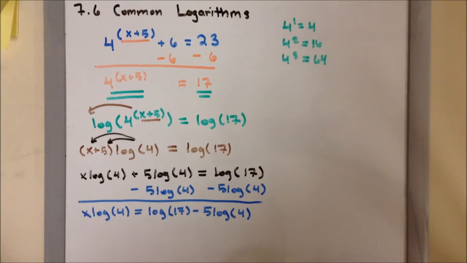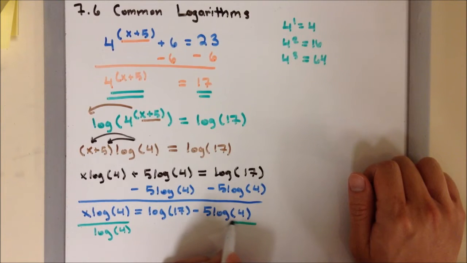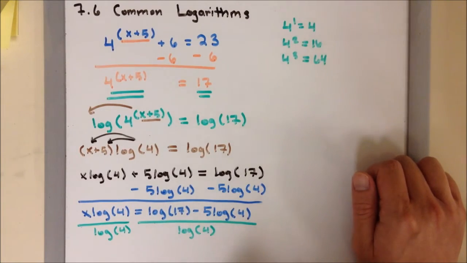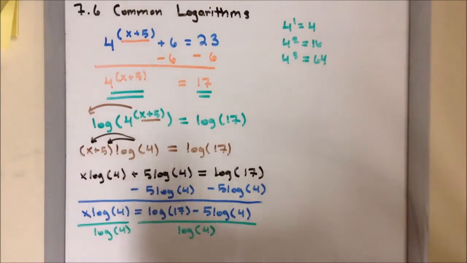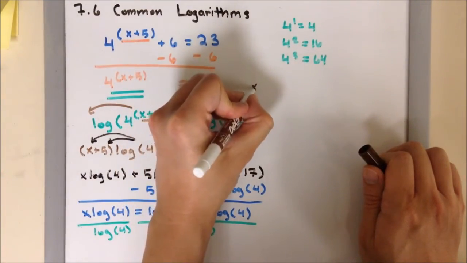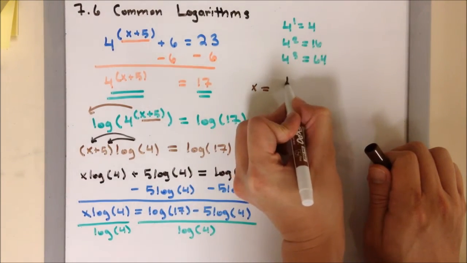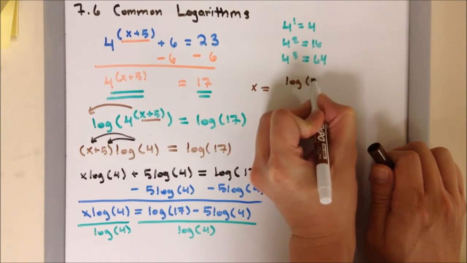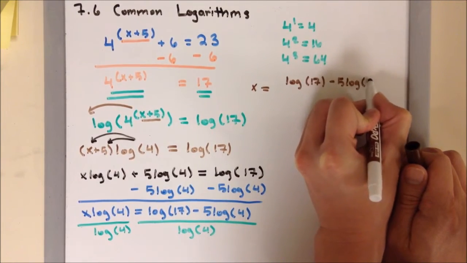Now the next step is I'm going to get x by itself, so I'm going to divide both sides by log of 4. So that means that, and I'm going to write right here, x is equal, now my numerator, it has two parts, log of 17 minus 5 log of 4.